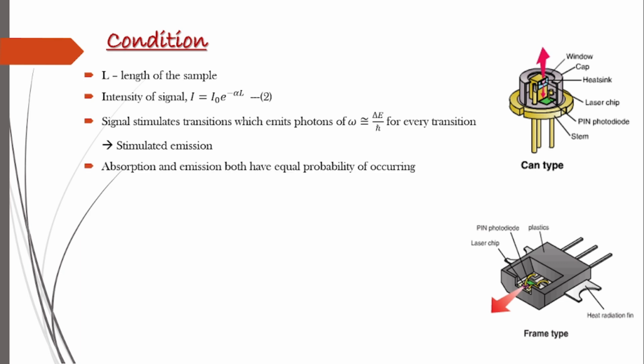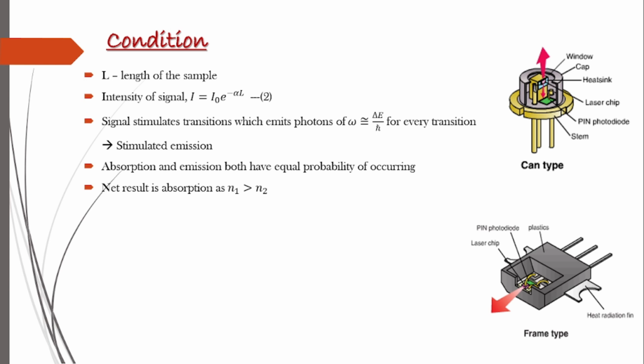These two processes, absorption and stimulated emission, act competitively on the signal and both have equal probabilities of occurring. But still the net result is absorption because level 1, the lower level, has a larger population when compared to the higher level. That is, N1 is greater than N2.